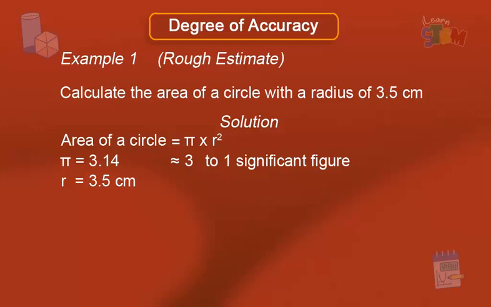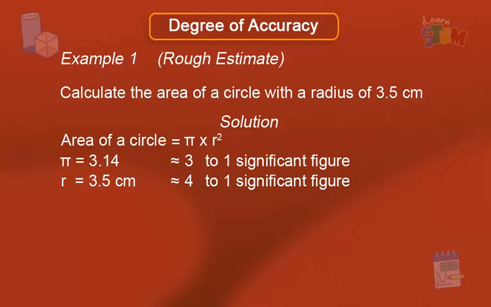We will do the same thing for the value of r. The significant figure in the number 3.5 is 3. The first digit after the decimal point is 5, so we will round it up to 1 and add it to 3, giving us 4 to one significant figure.